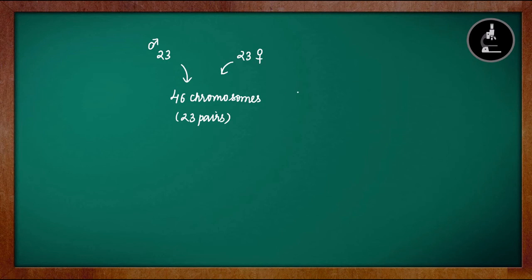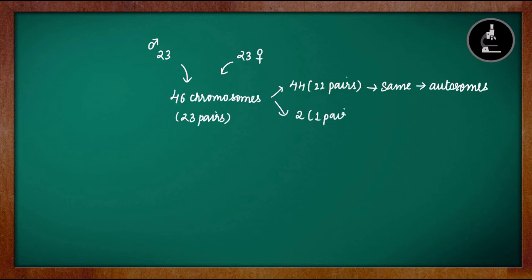Now, out of these 46 chromosomes, 44 chromosomes, or I can say 22 pairs, will be the same in both males and females. And this same set of chromosomes are called autosomes, which are the same in males and females. Whereas there will be the remaining two chromosomes, or we can say one pair of chromosomes, which will be different.